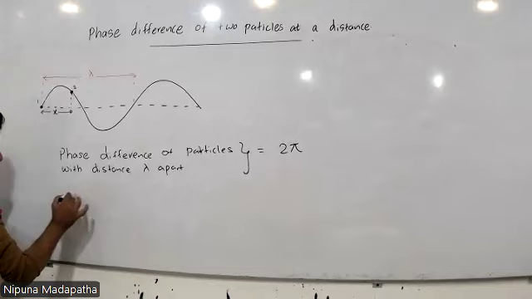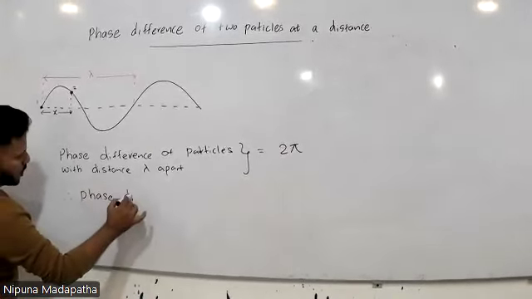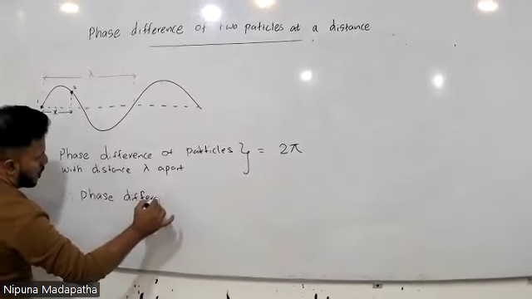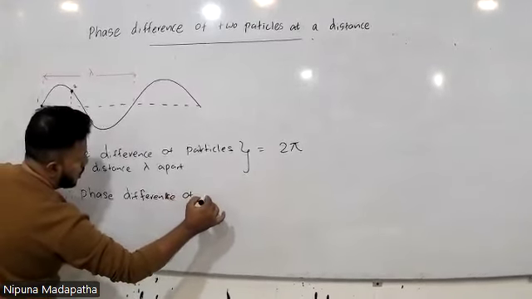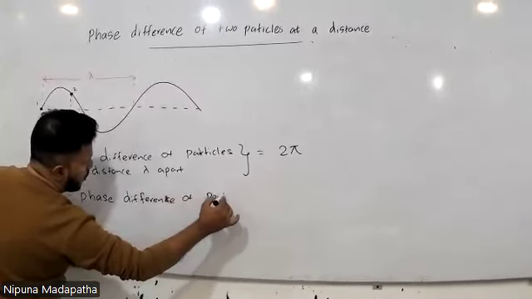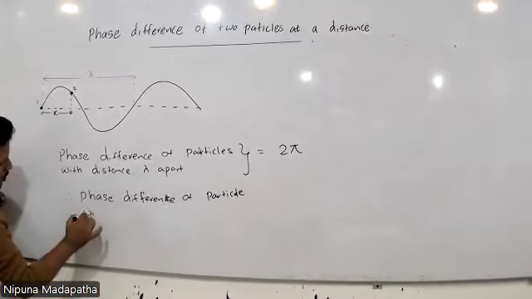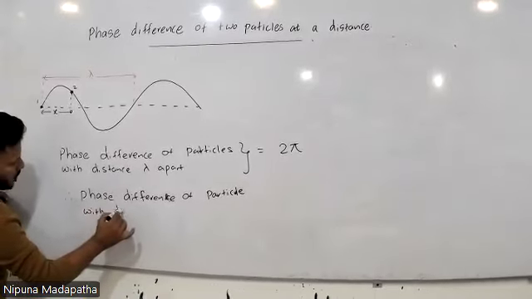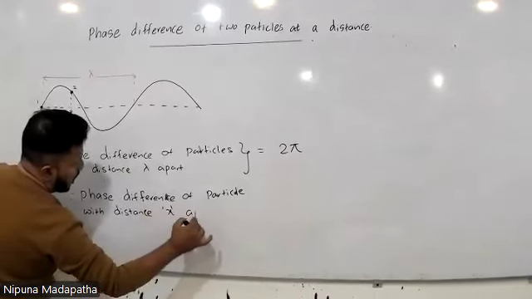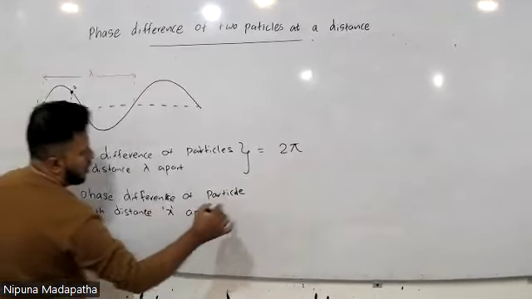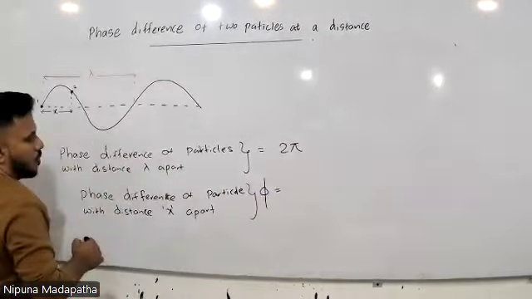So then the phase difference of particles with distance x apart, we name it as phi.